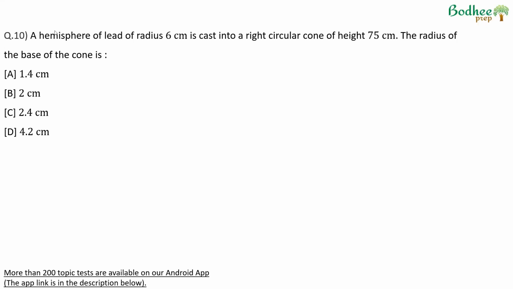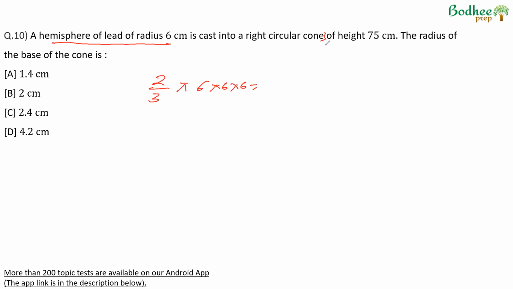A hemisphere of lead of radius 6 is cast into a right circular cone of height 75. The radius of the base of the cone is? The volume will be the same. The hemisphere will have volume 2 by 3 pi r cube.